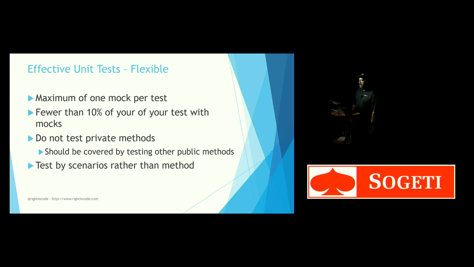Try to test scenarios rather than methods. It's not that anything's wrong with methods, but in terms of flexibility, typically if you design in your system a scenario or a certain workflow, and you test at that level, those generally don't change much as your system matures.